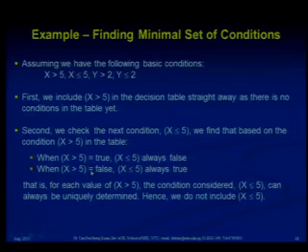When x greater than 5 is false, x less than or equal to 5 is definitely true. So for every value of some condition in the decision table, we can compute a unique value for the condition we are considering now.